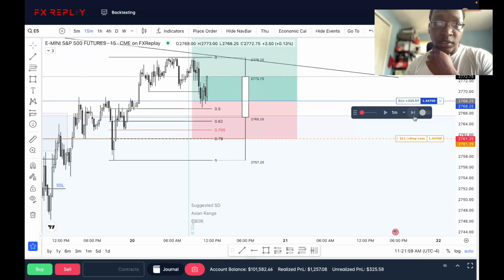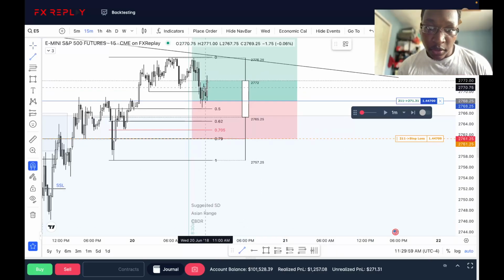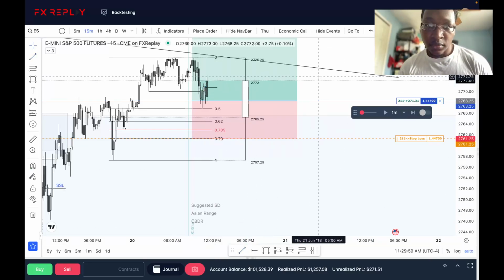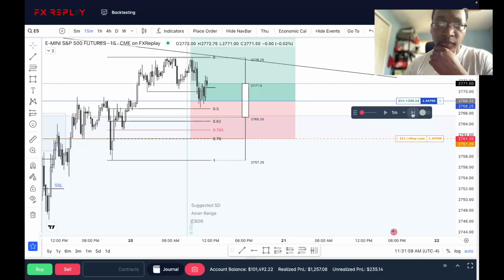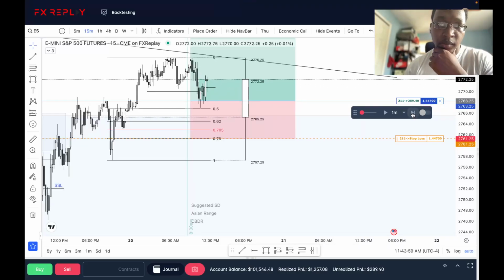See if we get a change in state. There we go. We close above that down candle here. This is now our order block. Tap that order block. We should push higher.